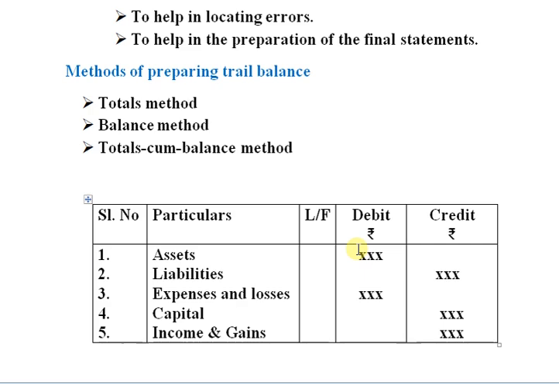All assets will have a debit balance, all liabilities will have a credit balance, expenses and losses will have a debit balance, capital will have a credit balance, and income and gains will have a credit balance.